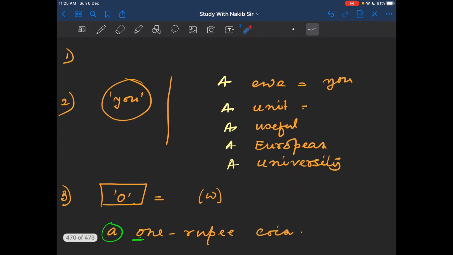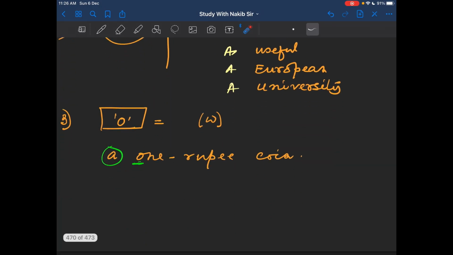And number 3, a is used before those nouns beginning with O, but that O has a sound like W, one. See the example, a one-rupee coin. These are the 3 simple but important points for you. Try to keep them in your memory. And these are the points where a is used mechanically. Now see where you can use the article an.